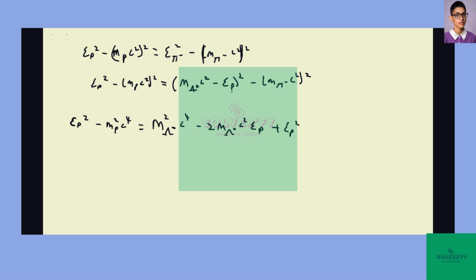So all I've done is just expand this squared out, minus the rest mass energy of the pi meson squared. All right, so now we can simplify things. These cancel.